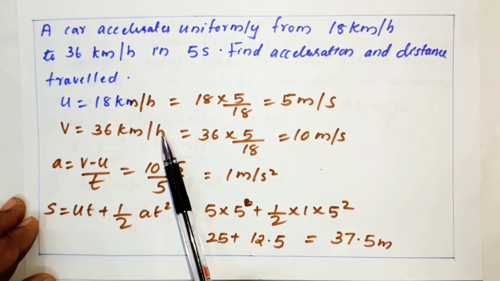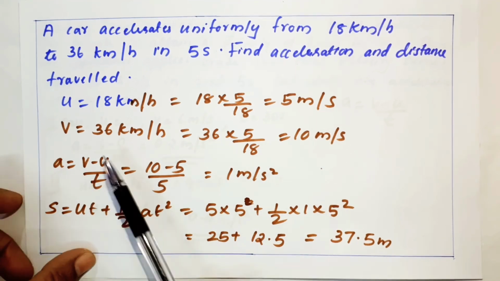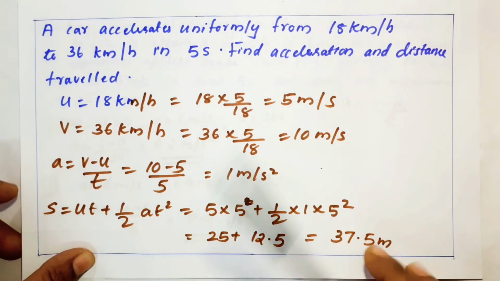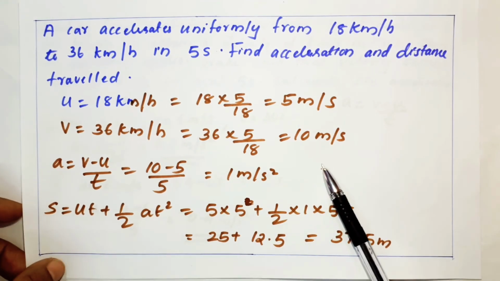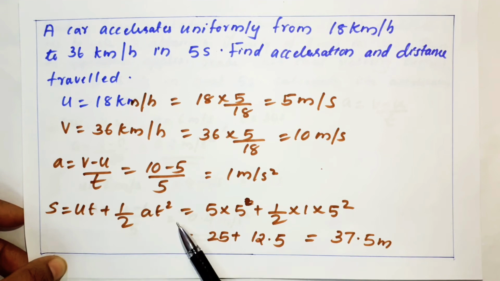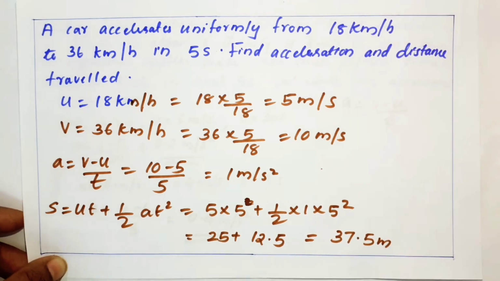V is 36, that also converted to meter per second, 10. A is V minus U, that is 10 minus 5 by 5, 1 meter per second square. If you want S, ut plus half at square. U is 5, t is 5, plus half, a is 1, into t square, 5 square. 25 plus 12.5, that is 37.5 meter.